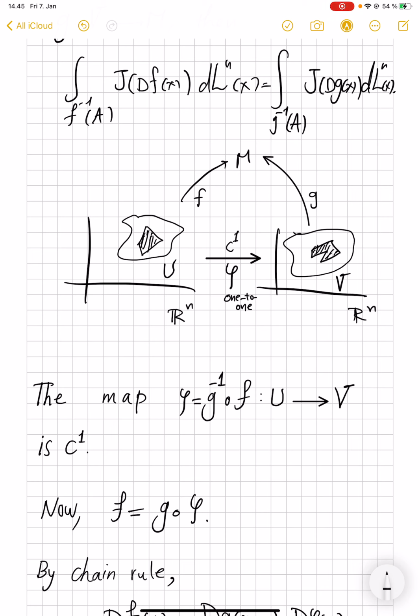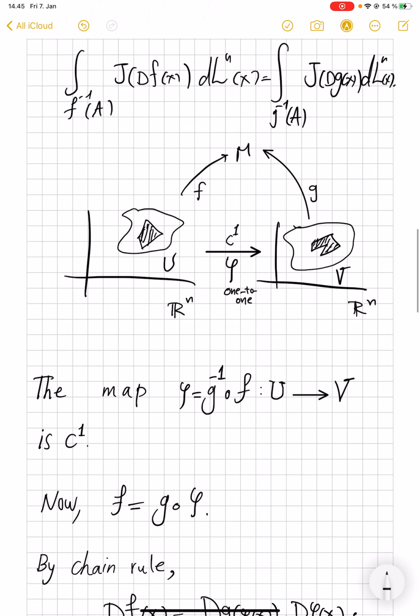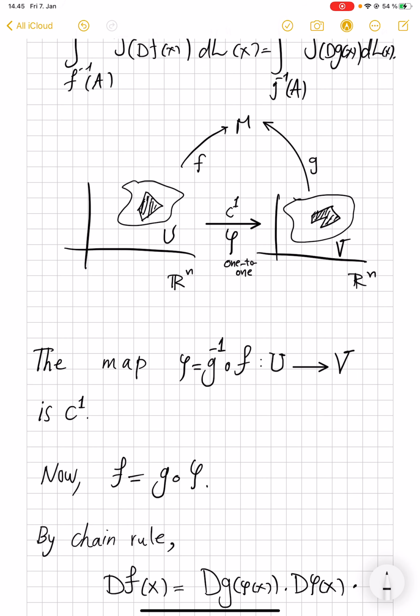What we can do is to invert one of these, say G, and then look at the map phi equal to G inverse of F, which goes from the U region into the V region. And it is C1. It's not completely obvious because F and G map into a larger dimension and then come back. But what is true is that F with this definition is just G composed with phi.